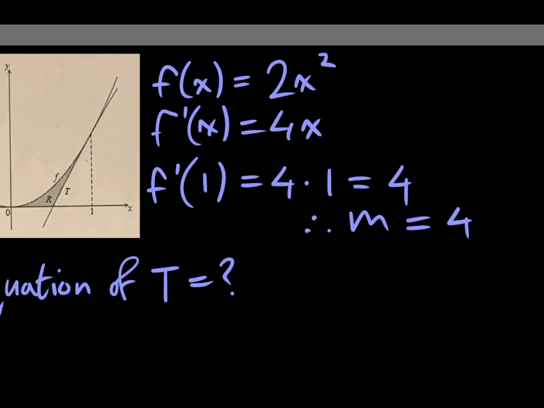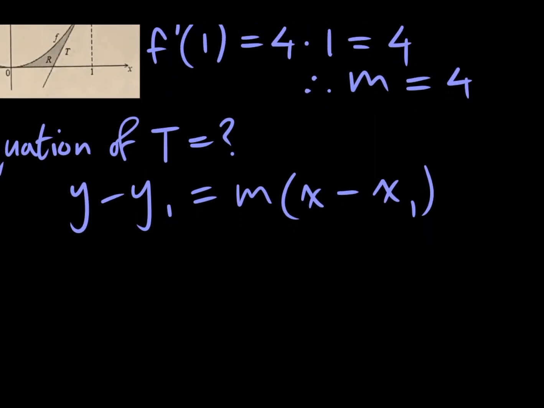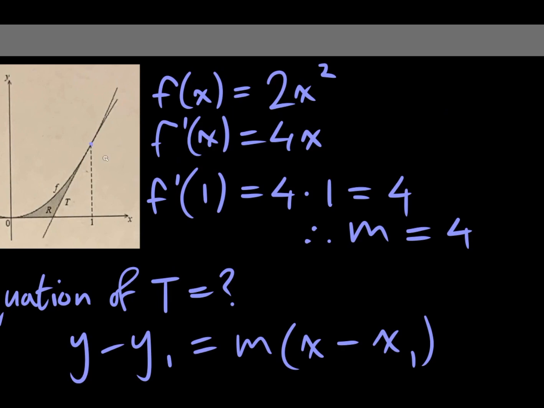So what can we do with 1 point and the slope? We can use the point slope form, y minus y1 equals m times x minus x1. So we're going to evaluate and find this point first. The x value is obviously going to be 1. Then what will the y value be?